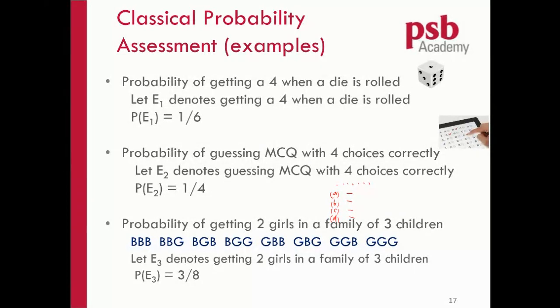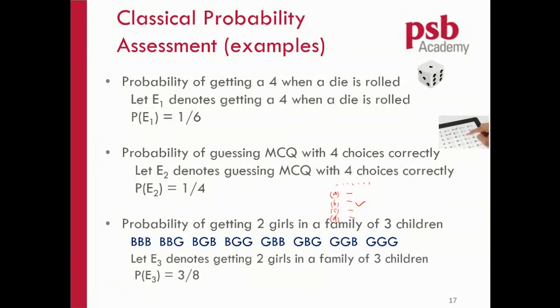What's the chance you choose the right answer? One of the 4, right? So the chance of you choosing the right answer, guessing the MCQ with 4 choices correctly, is 1 out of the 4. Maybe this is the correct answer, so it's just 1 out of the 4.